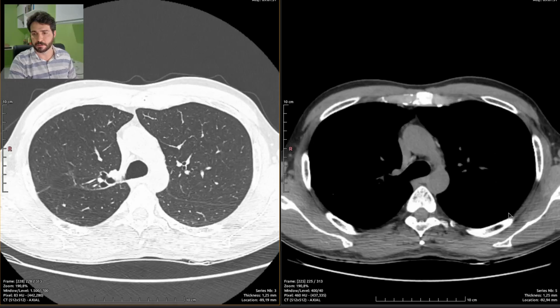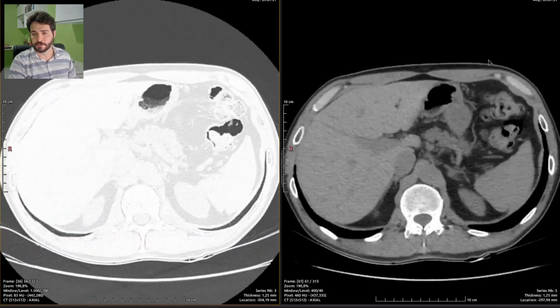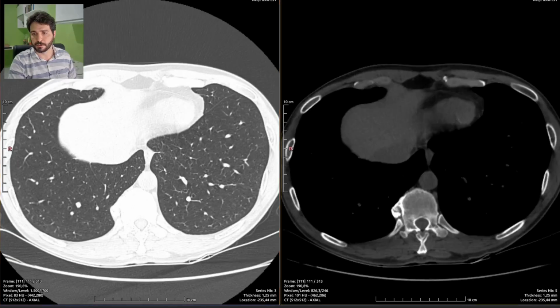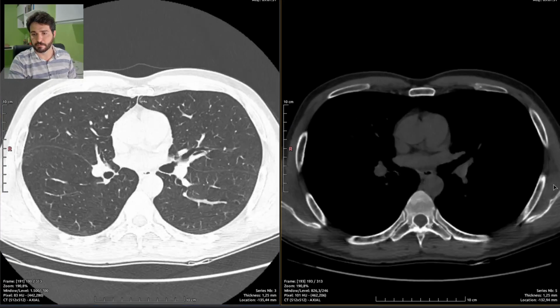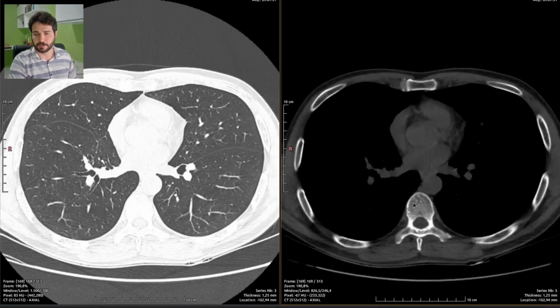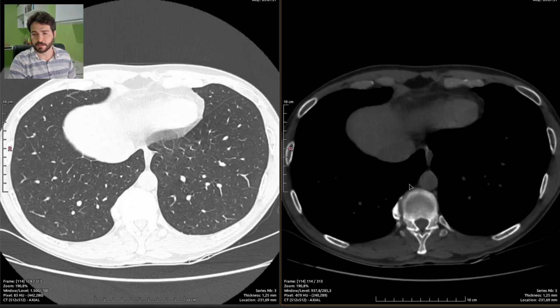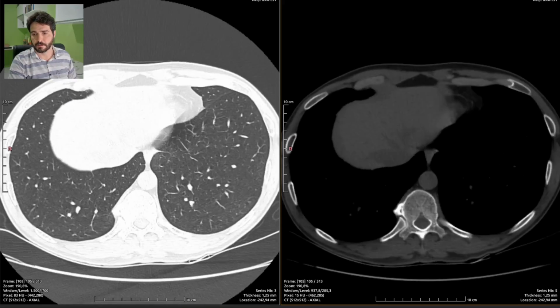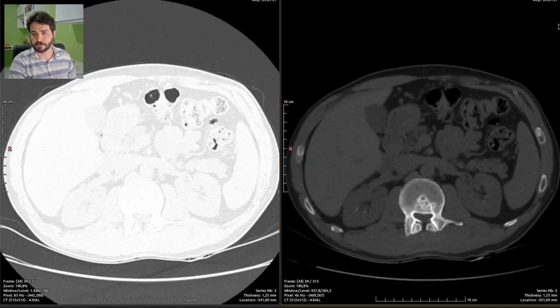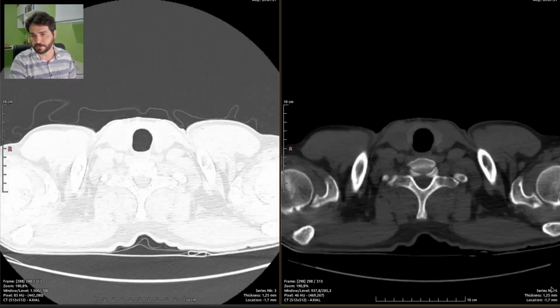There is no adenopathy, no enlarged lymph nodes. There is some degenerative disease of the spine, as you may see right here. So there is some arthrosis, which is quite common because this patient is almost 50 years old.